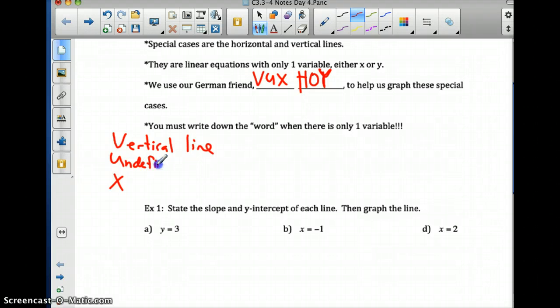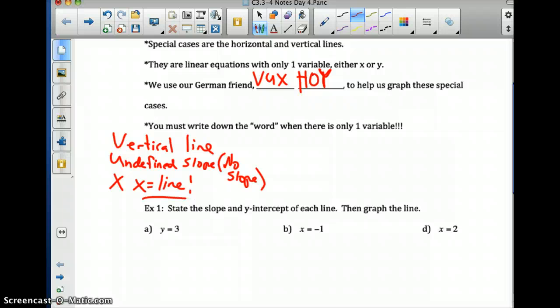Undefined slope, which is the same thing as no slope. So a vertical line has an undefined or no slope. And then the X means it's an x equals line.